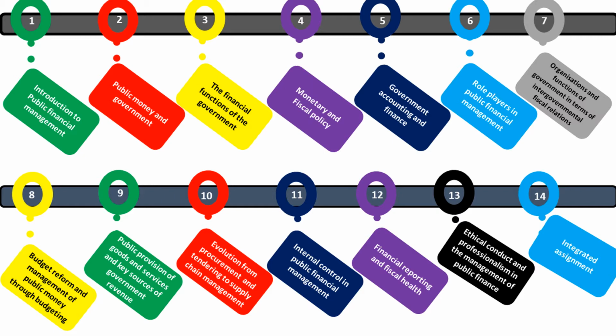Week 12 focuses on financial reporting and fiscal health. And then week 13 will explore ethical conduct and professionalism in the management of public finance, while week 14 is dedicated to the completion of your integrated assignment.